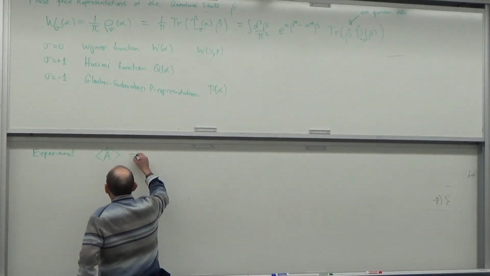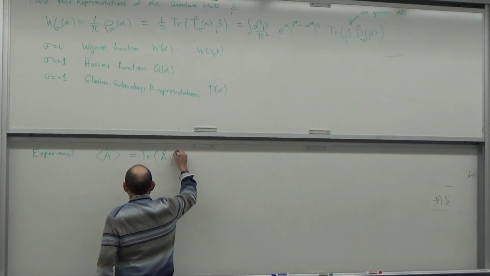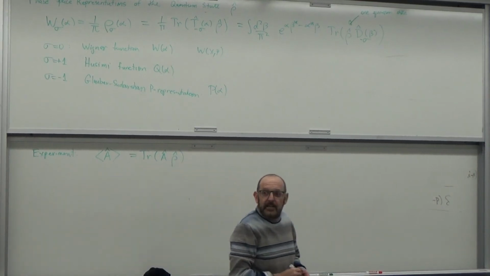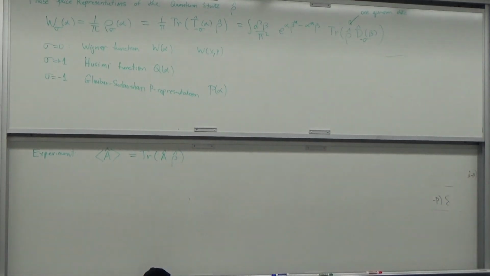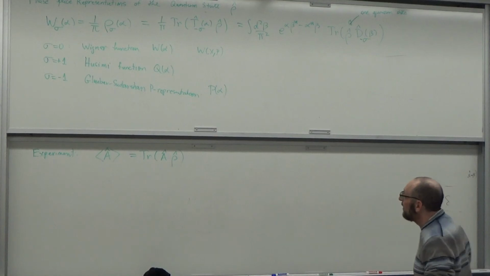That, of course, is equal to the trace of A with rho. And we want to write this as a phase space integral. How are we going to do that?